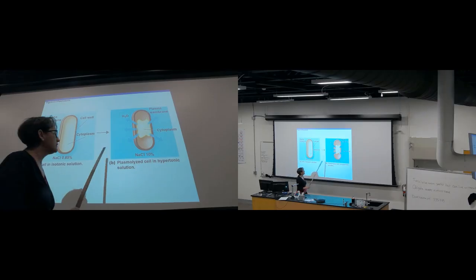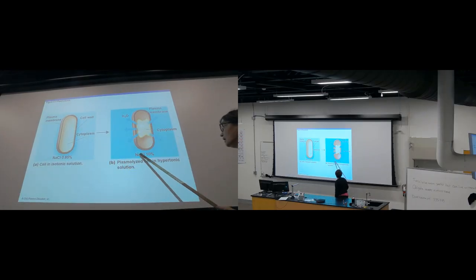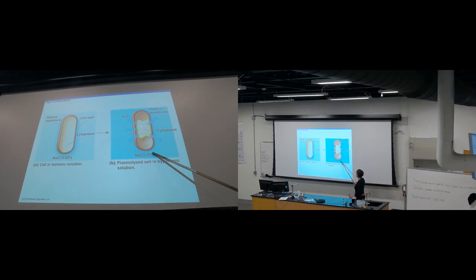And then when you add sodium chloride solution that is 10%, so it's hypertonic, you have a lot of solutes outside. This will be the sodium chloride. And then water will move from an area of low solute concentration, which will be the cytoplasm of the bacteria, to the external environment where you have this sodium chloride.